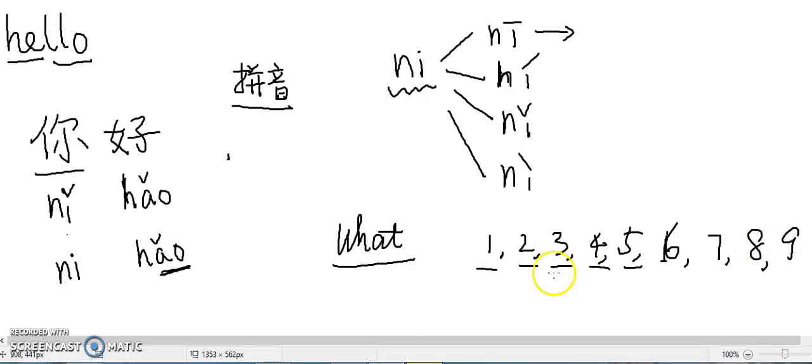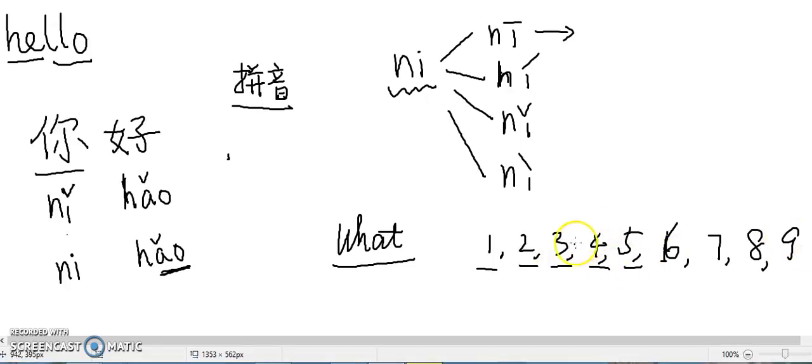But when we read them together in English, we may change the tone, which does not change the word. Everyone still knows we are talking about these 9 symbols.